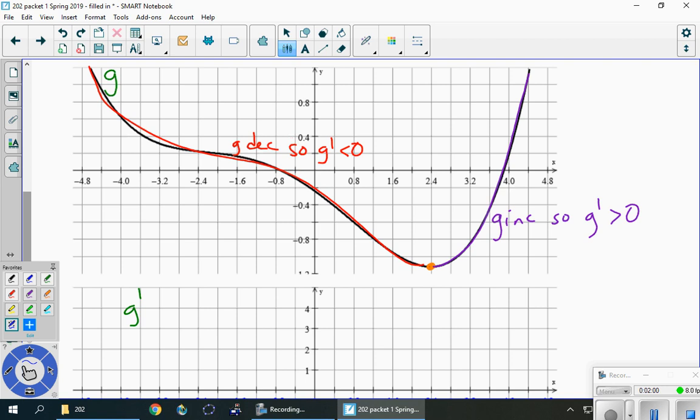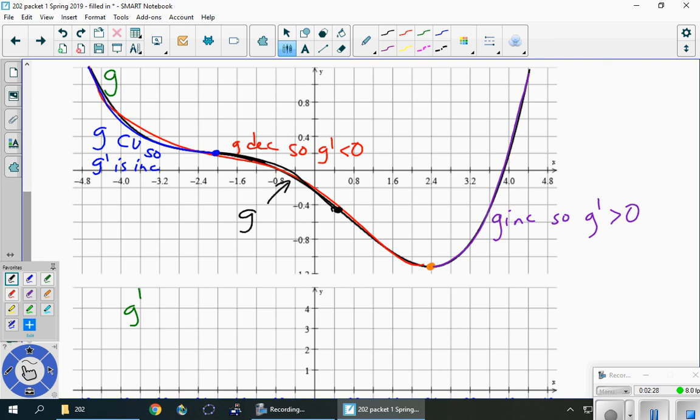So let's next take a look at the concavity of this g function that's pictured. This g function is concave up from the beginning until maybe here-ish. And so we'll say g is concave up, so g prime is increasing until we get to around -2. And then g is concave down for a little while, until right around there.